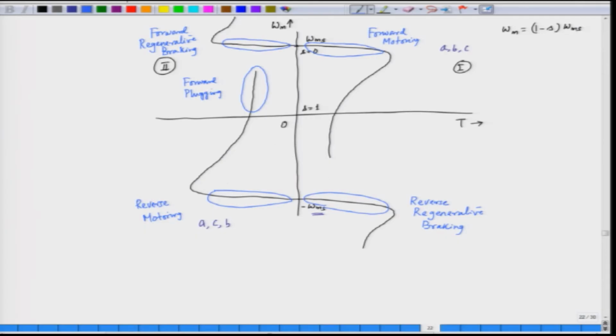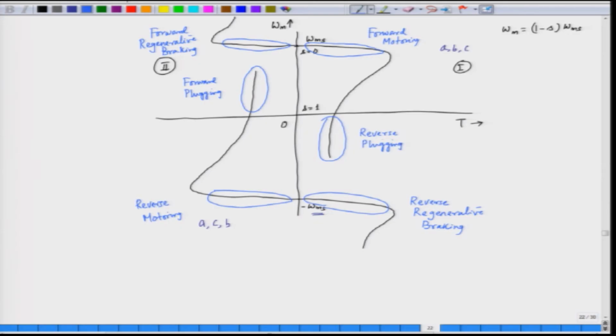The slip is in fact positive here. So, it is forward plugging, and similarly here if we extend the characteristic to the fourth quadrant, we call this reverse plugging.